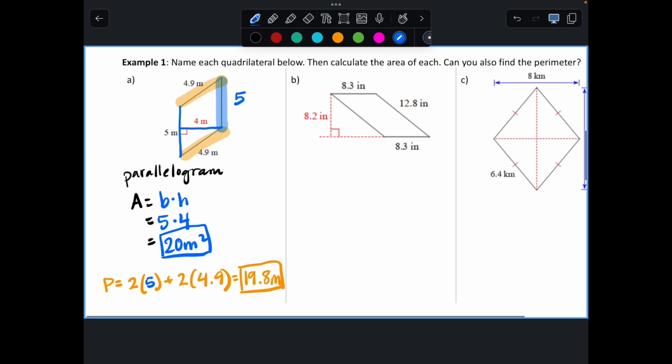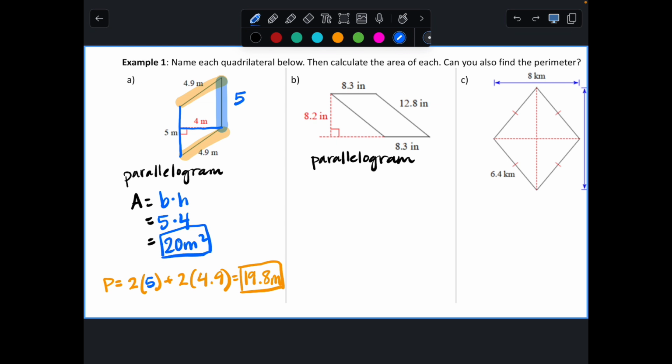Okay, B. We have another parallelogram. So which side will we use as our base? The base and the height have to form a 90-degree angle. So we know that our height is going to be the 8.2.